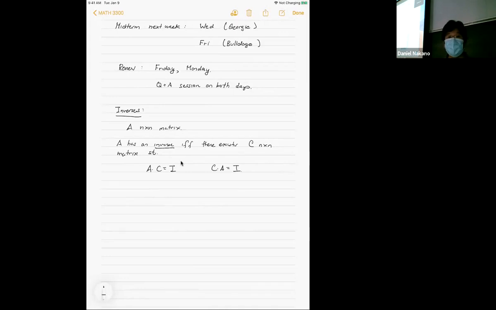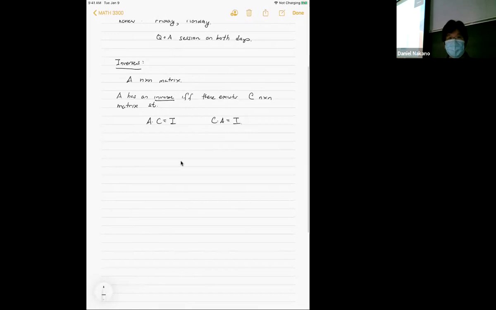Now, we saw that the inverse is unique if A is invertible, and so C we write as A inverse. This is the notation.